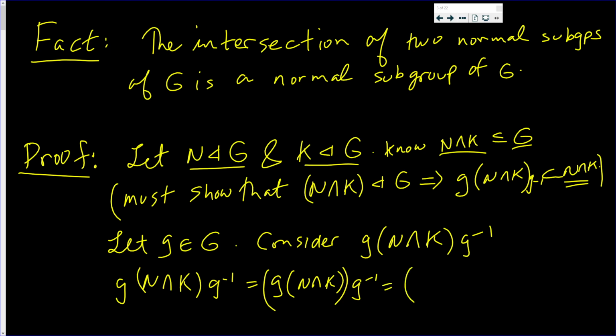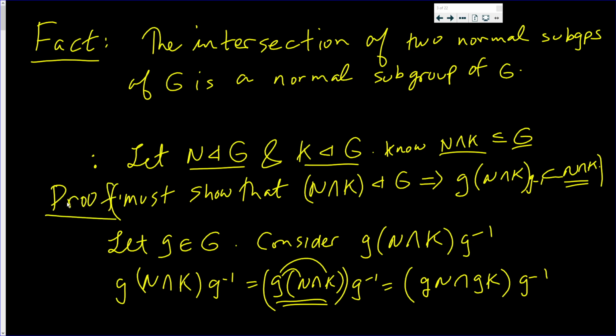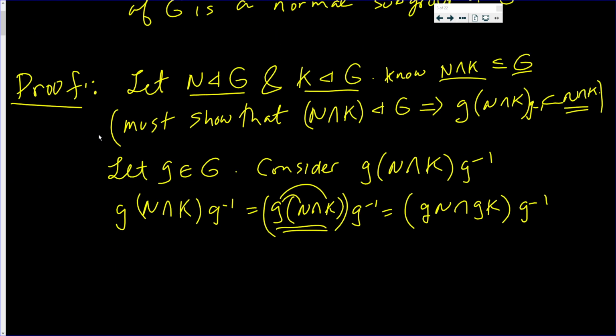We know by a previous theorem that I proved that this here is gN intersect gK times g inverse. But remember that N and K are normal. That means I can switch those, giving Ng intersect Kg times g inverse.